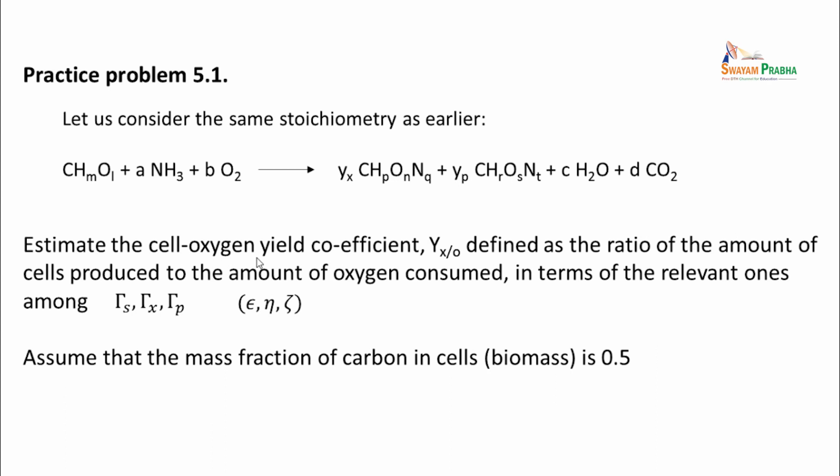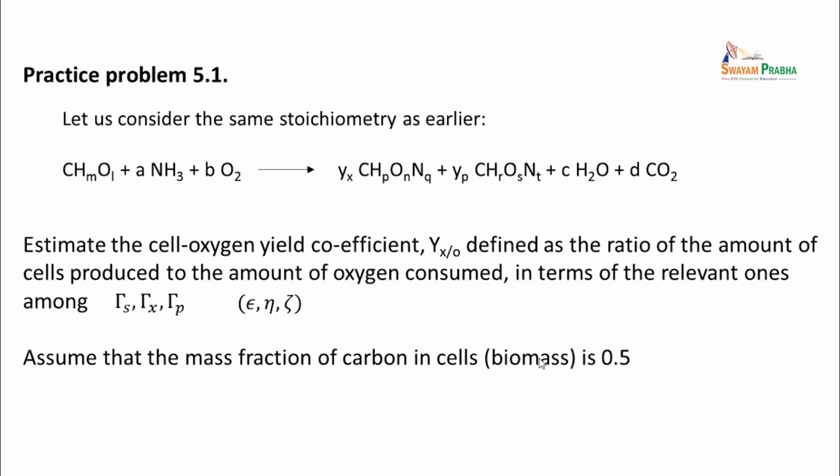Estimate the cell oxygen yield coefficient YX/O, defined as the ratio of the amount of cells produced to the amount of oxygen consumed, in terms of the relevant parameters among gamma S, gamma X, gamma P, epsilon, eta and xi. Assume that the mass fraction of carbon in cells is 0.5.